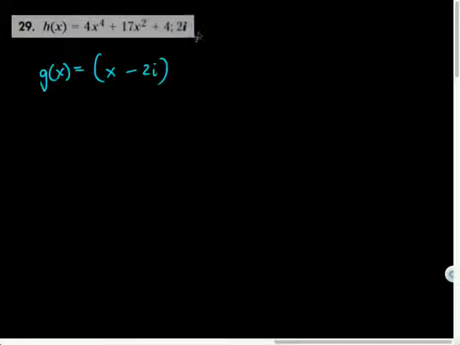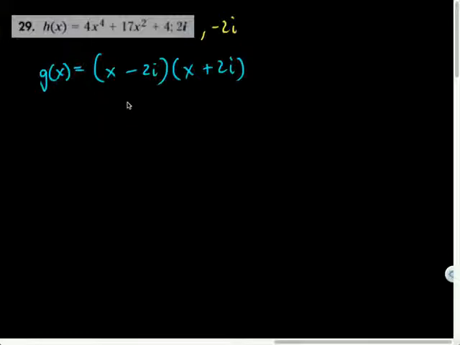And if 2i is a root, then what else do I know? Negative 2i is a root, right? If we have an imaginary friend, we also have an imaginary enemy. So if negative 2i is a root, then my factor must have been x minus a negative 2i, or x plus 2i.